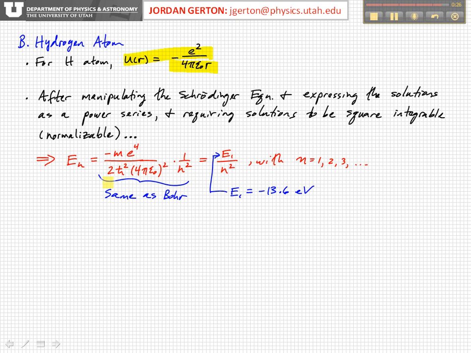And this constant here we'll call E1. That's the ground state energy.